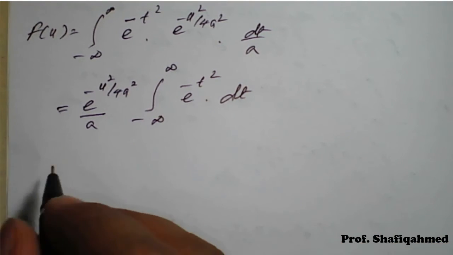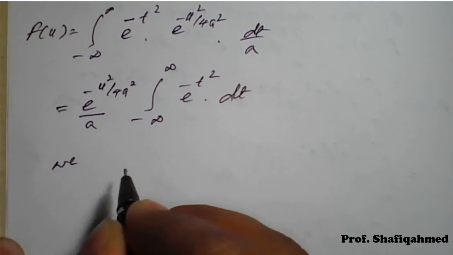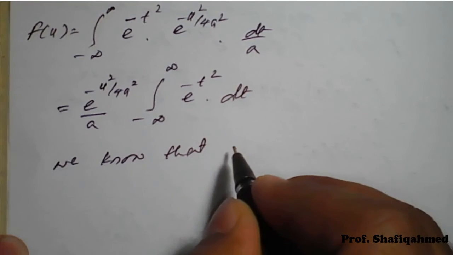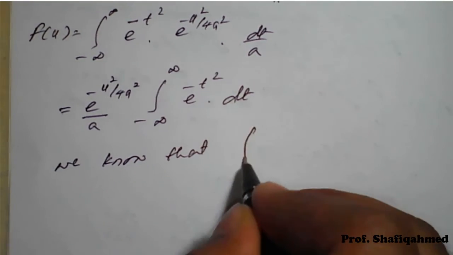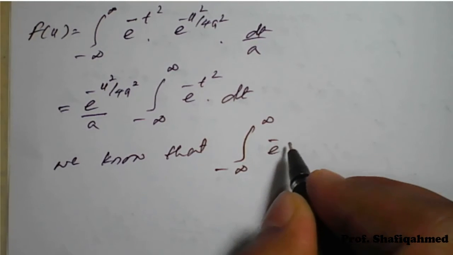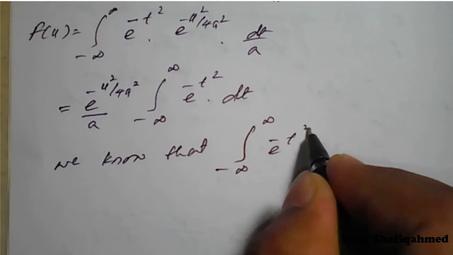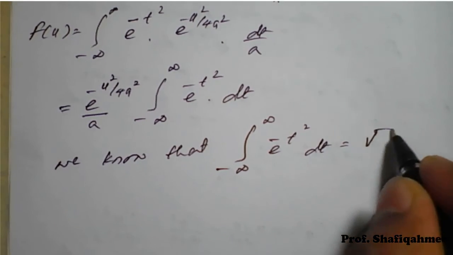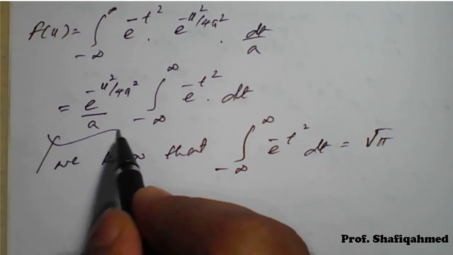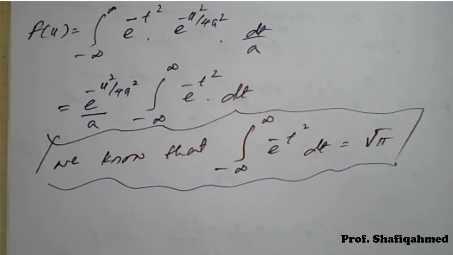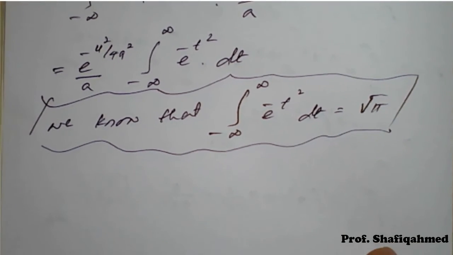So we know one of the standard results, from the beta and gamma functions, integration minus infinity to plus infinity e raised to minus t square into dt is always square root of pi. We have seen this result in our lower classes, that is in beta and gamma function.